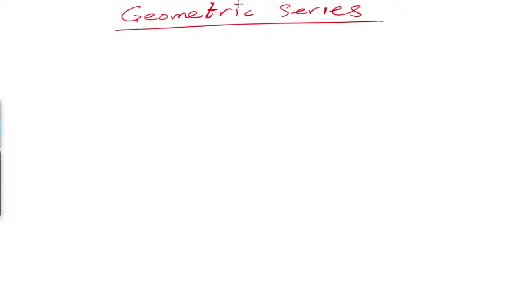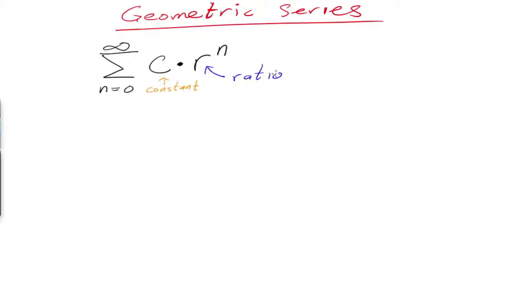It looks like this: you have the sum from n equals 0 to infinity of c times r to the n. Here c is some constant, and r is called the ratio. This series doesn't always converge.